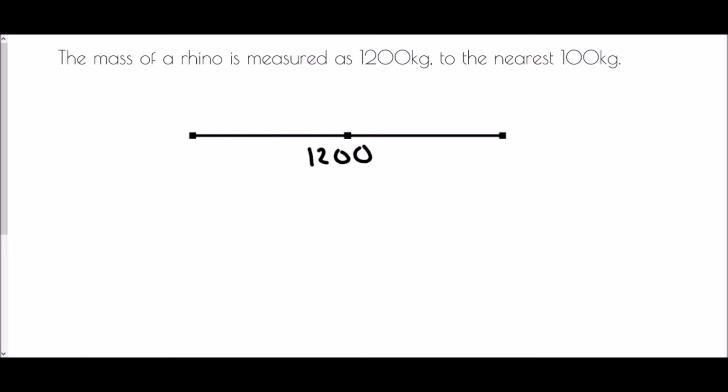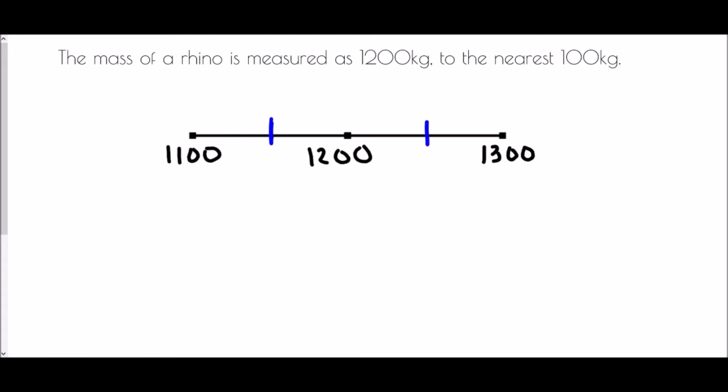It says that's rounded to the nearest 100 kilograms, so the next nearest 100 kilograms would have been 1100 below and 1300 above. But we want to find the upper and lower bound of this information: the smallest number which would round up to 1200 and the biggest value which would round down to 1200. Basically that always comes from splitting this number line in half.